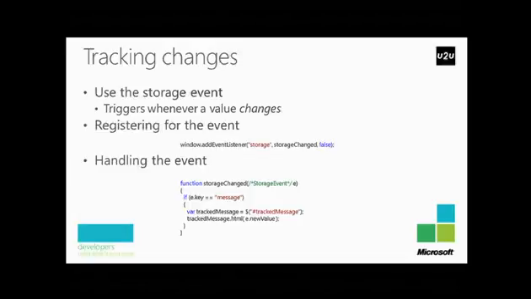So local storage is a really easy mechanism. All these HTML5 APIs shine in their simplicity, which means that you might end up doing more work. But if I want to, I can easily track somebody adding something to local storage in another tab, and I can just get this.